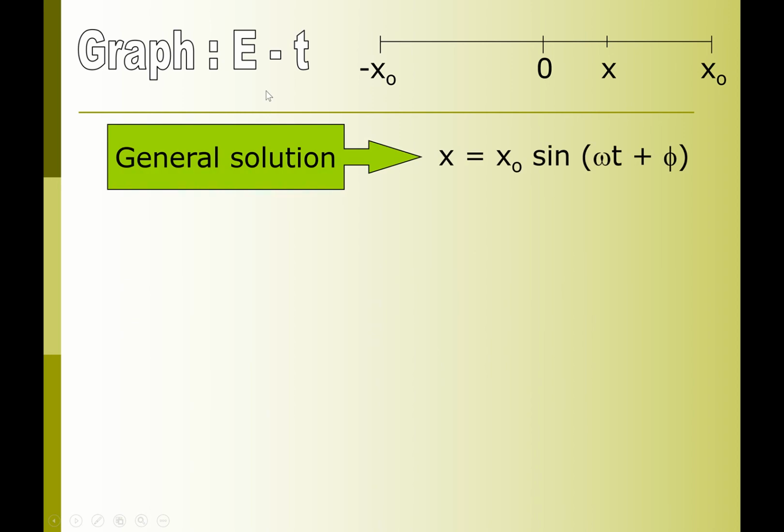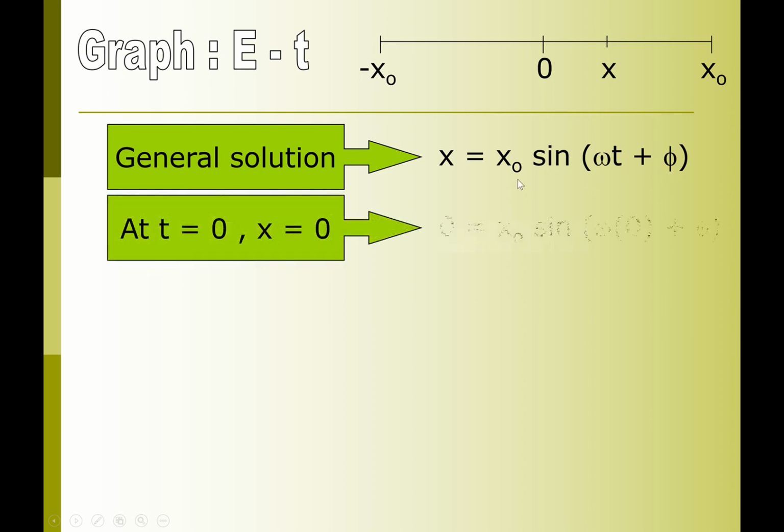Okay, and then for the energy against time graph. Just now was the energy against x graph. For the energy against time graph, we use the general solution x equals x naught sine of omega t plus phi. This is the phase, which equals omega t plus phi. For the object in simple harmonic motion, let's start from the center here, and it moves to and fro, to the left and right and back to the left.